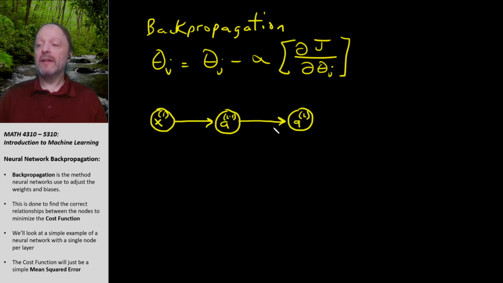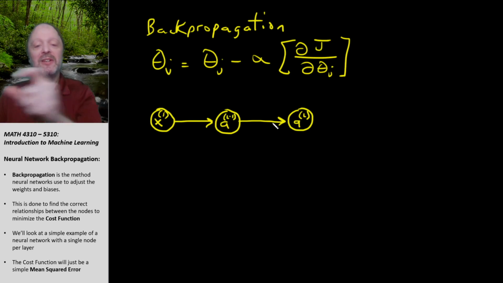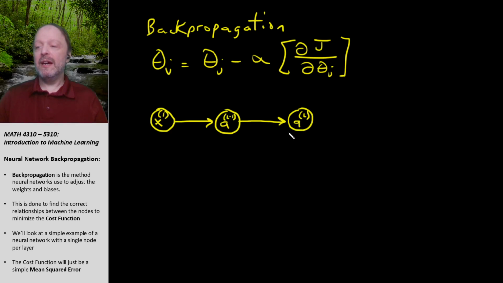So we have our input, something is happening to it, it's feeding through to the A L minus 1 layer, and then something else is happening to that, and it's feeding through to the L layer, the final node. And if I look carefully at this structure, it looks perfectly fine, except it's missing a few things.